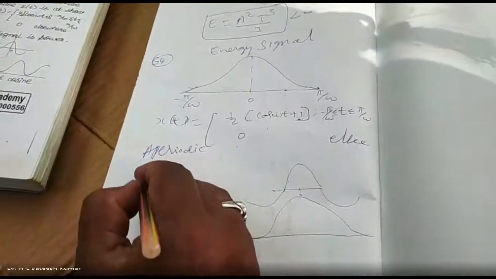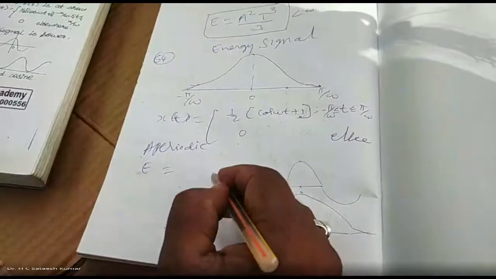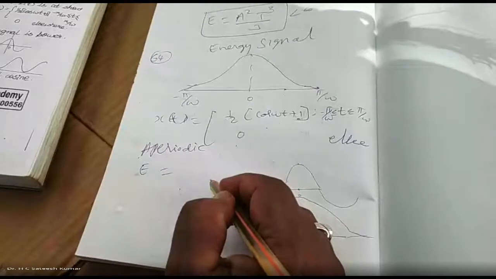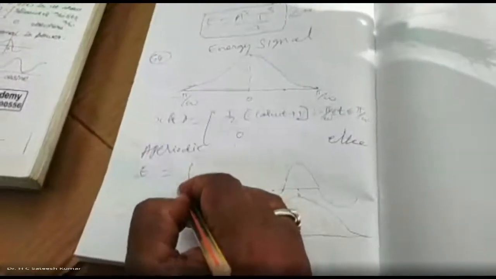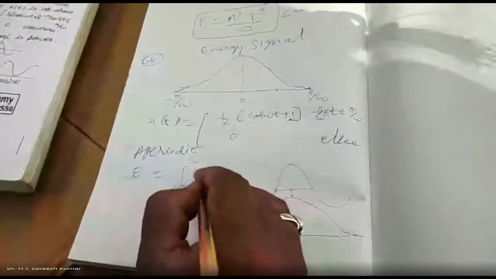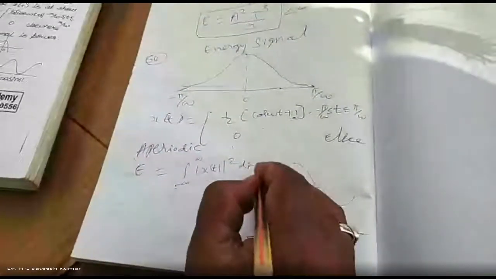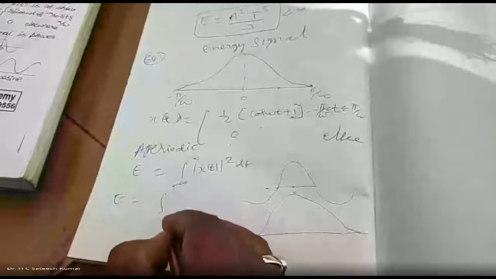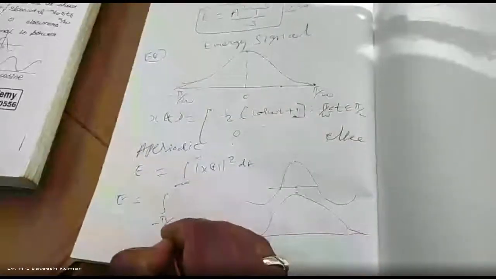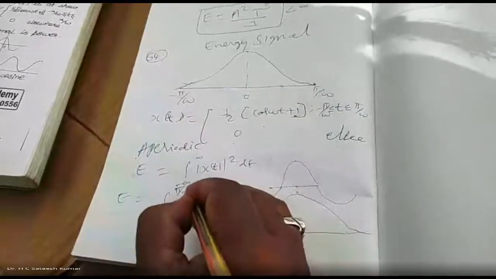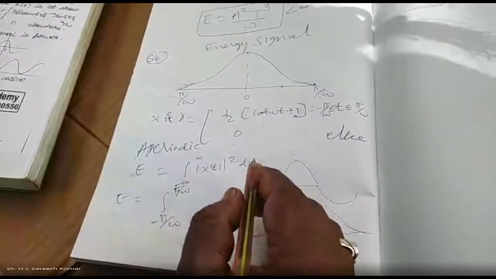So therefore, it is an aperiodic signal. We need to find out the energy. Energy is equal to integration from minus infinity to plus infinity of magnitude of x of t whole square dt. Even though the integration is from minus infinity to plus infinity, my signal is ranging from minus pi by omega to plus pi by omega.